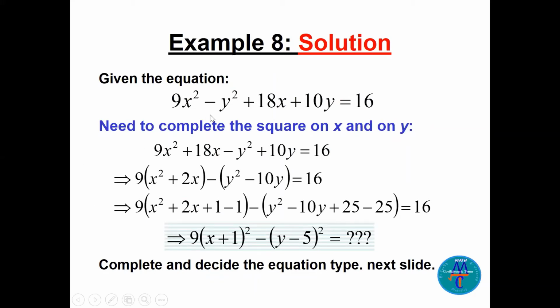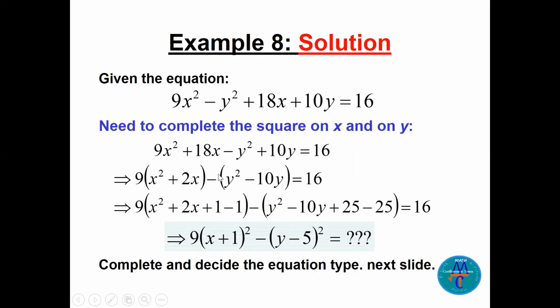Here, we cannot divide by anything because there is a y squared. So I just rearrange: 9x squared plus 18x minus y squared plus 10y equals 16. There is a common factor 9 on the x, so I take it out: x squared plus 2x, minus, there is a minus common factor here. Remember in the y's?